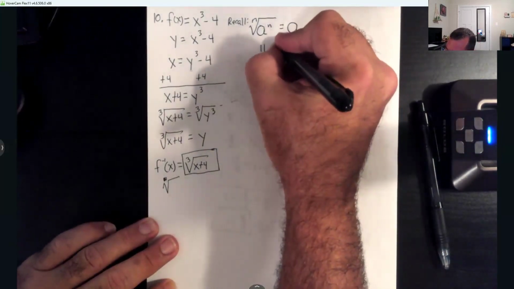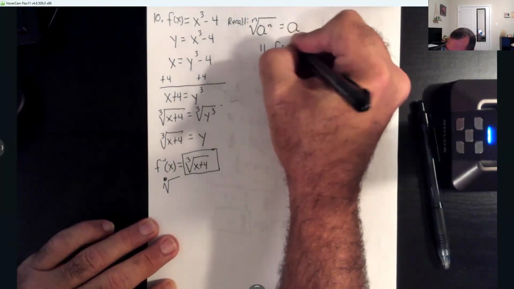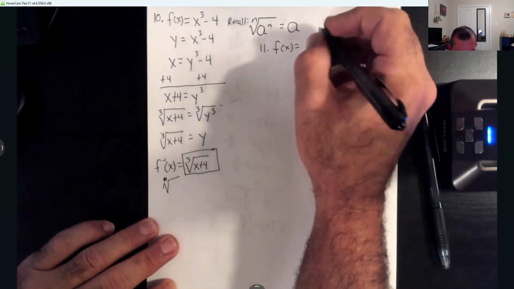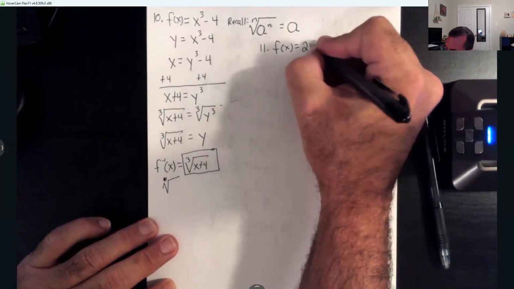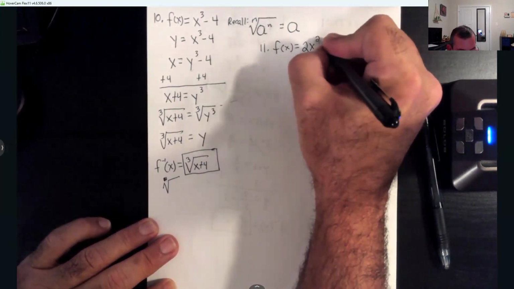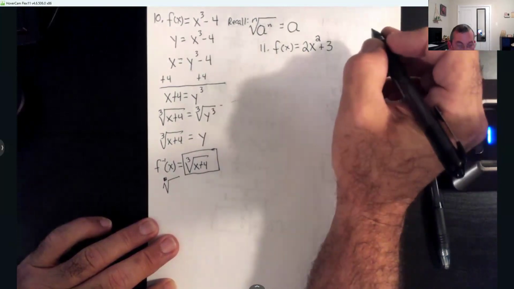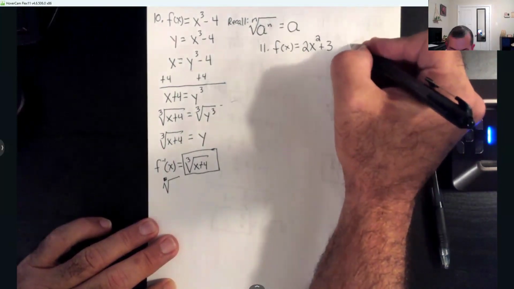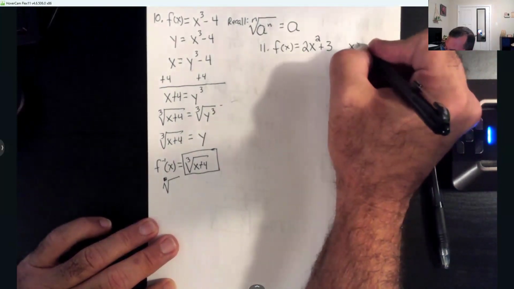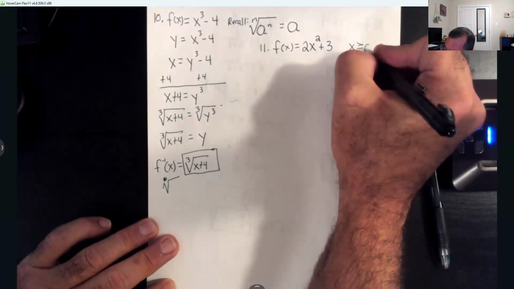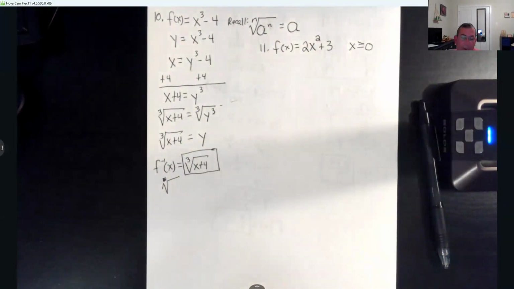Oh, y'all, how about this one? They're giving us f of x equals 2x squared plus 3. Now, out to the side, they're saying x has to be greater than or equal to 0.